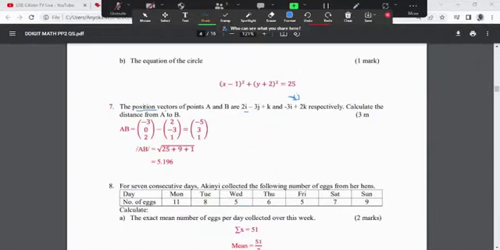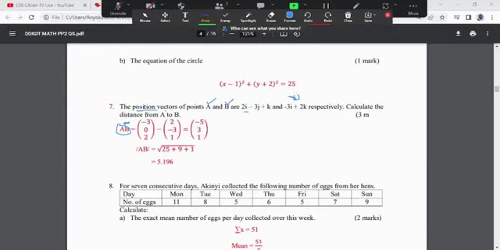Respectively, calculate the magnitude, the distance AB. So we need vector AB. Vector AB is equal to the position vector of B minus the position vector of A. That is the position vector of where you are going, minus, because the direction of this vector is AB.